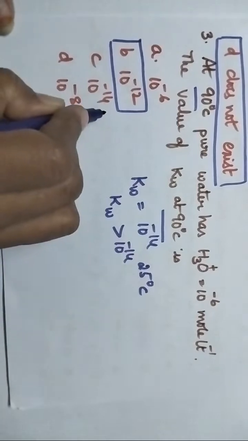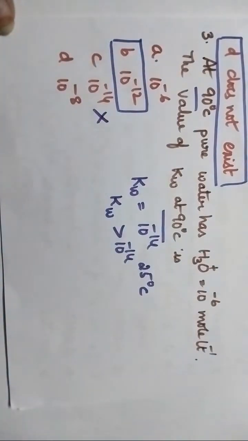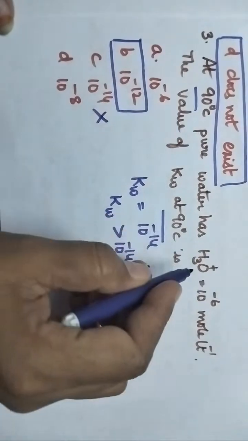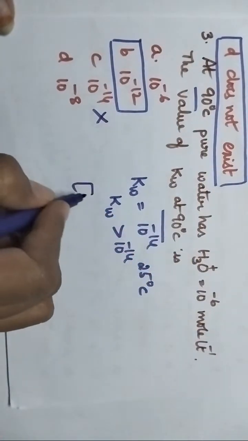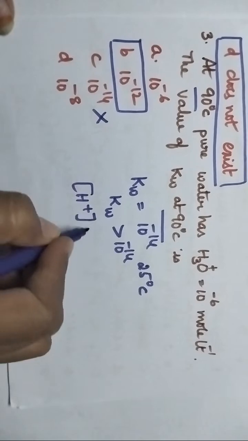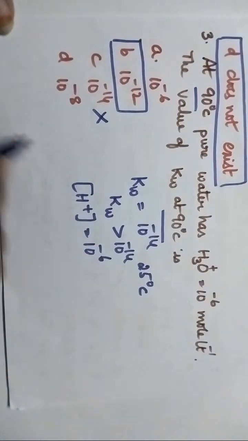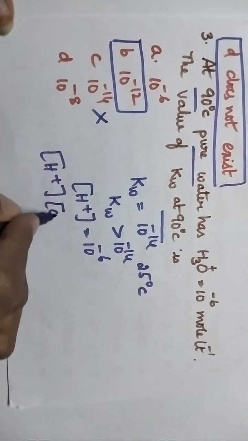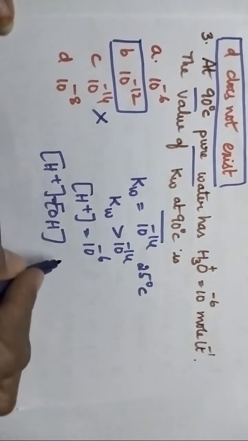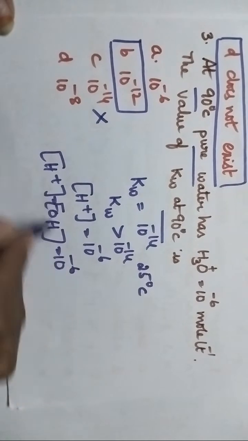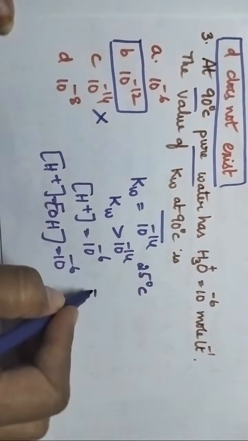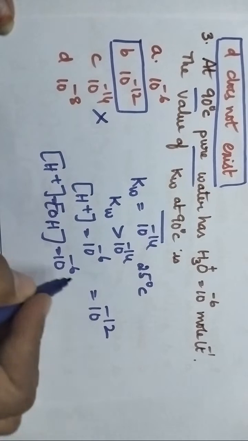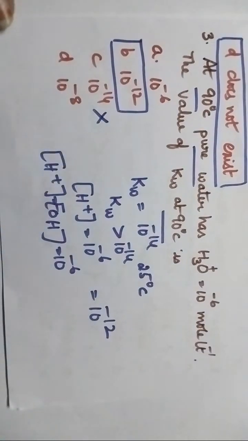Next, in that context we can eliminate option C. But here what is the concentration of H3O plus? Indirectly they gave the concentration of H plus ions, that is 10 power minus 6. In pure water always the H plus ion concentration is equal to the OH minus ion concentration, and that is equal to 10 power minus 6. So you just multiply, then it becomes 10 power minus 12. So option B is the right answer.